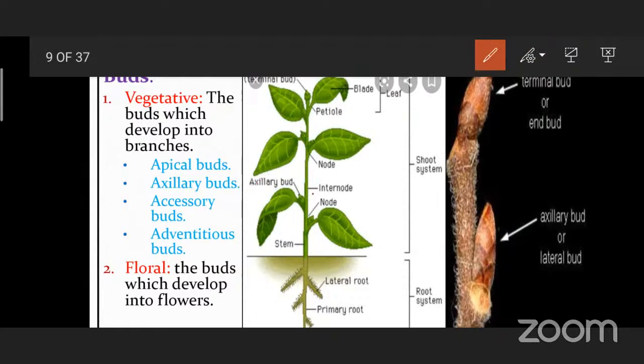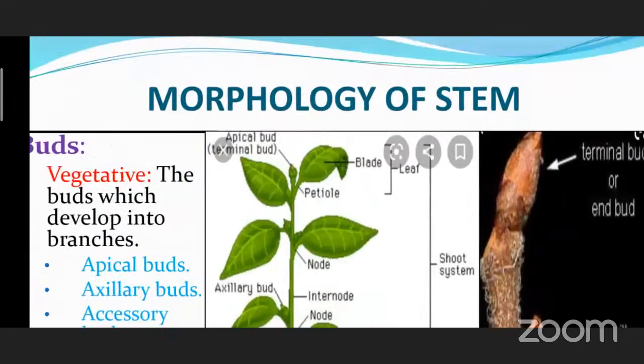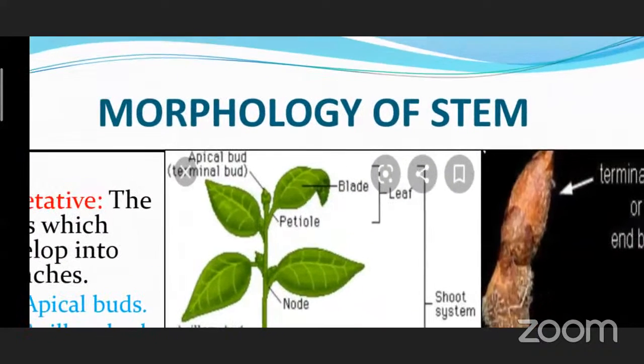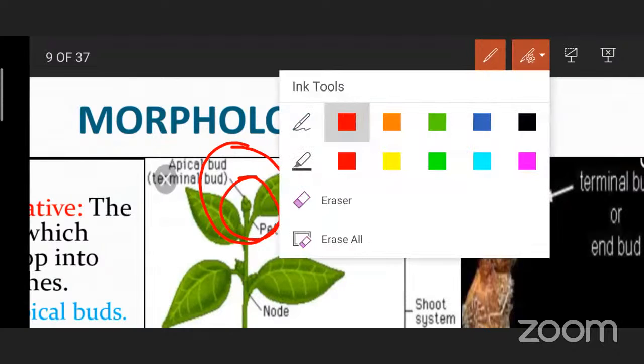See here, first one, apical bud. This is the apical bud. The apical bud is located at the apex of the stem. This is known as apical bud or terminal bud or end bud. Okay.